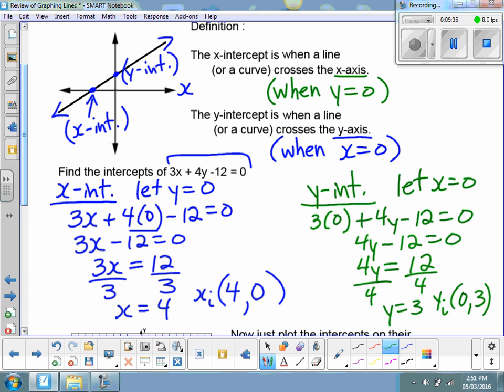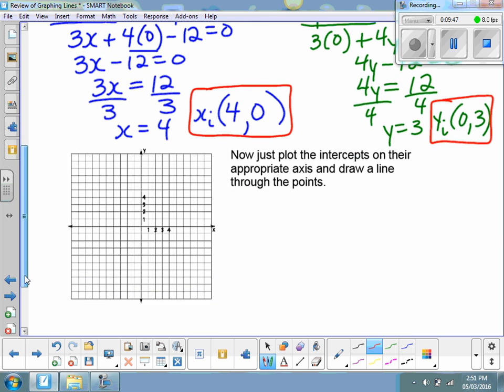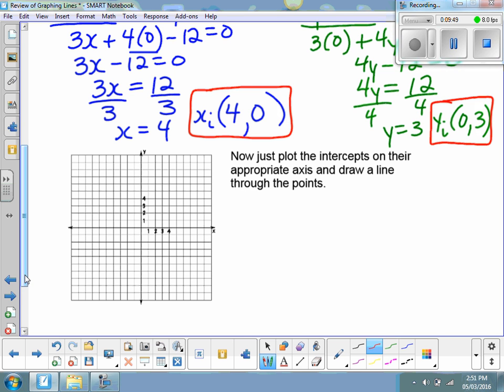So we've got our x-intercept. We've got our y-intercept. We're going to plot those on the graph down below here. So the x-intercept, I'm going to plot on the x-axis. That's the point 4, 0. And 0, 3 is on the y-axis.